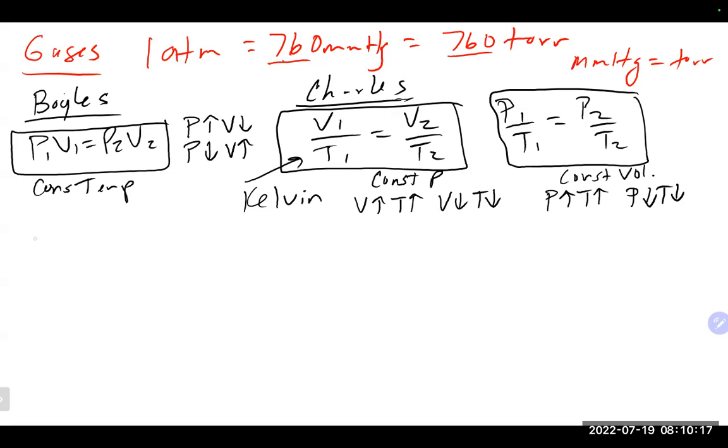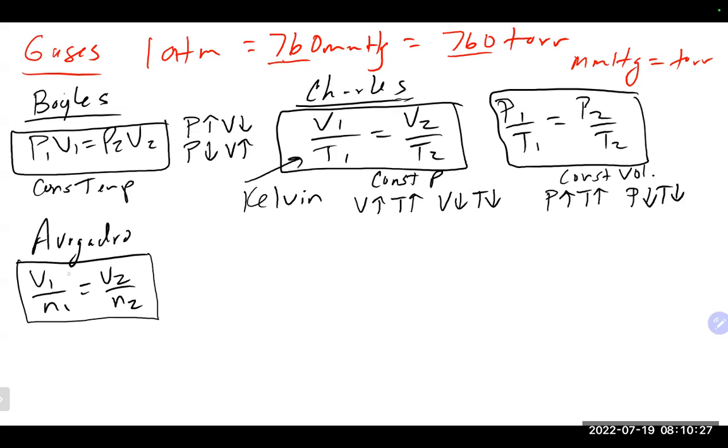We also saw our friend Avogadro, which is V1 over N1 equals V2 over N2, where N here is moles. This is at constant temperature and pressure. With this one you can just plug and chug. A consequence of that is with stoichiometry.